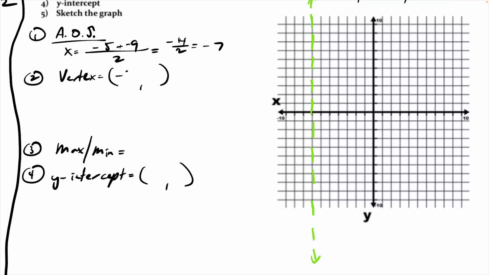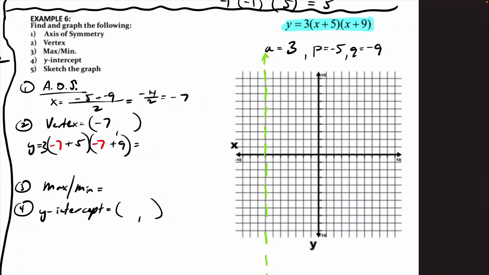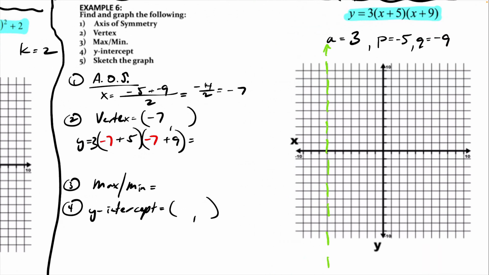Vertex, we know it's going to be -7 comma something. So we put in 3 times the quantity -7 plus 5, times -7 plus 9. If you put it into your calculator, you're going to get -12, because this is 3 times -2 times +2.